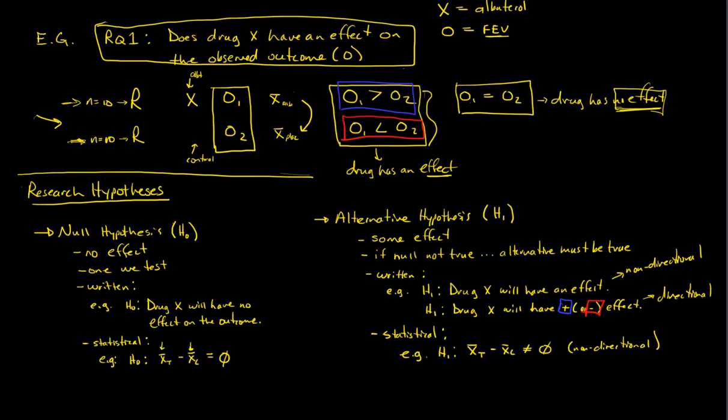The other way that you could write this would then be directional, and you could say the mean of the treatment group is going to be greater than the mean of the control group, or the mean of the treatment group is going to be less than the mean of the control group. And essentially you set up an inequality and you make it directional.